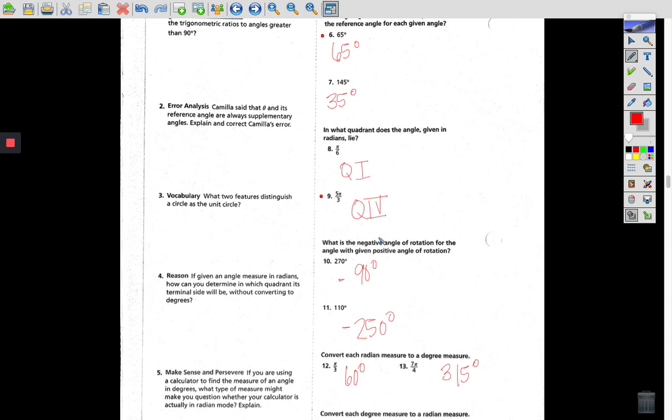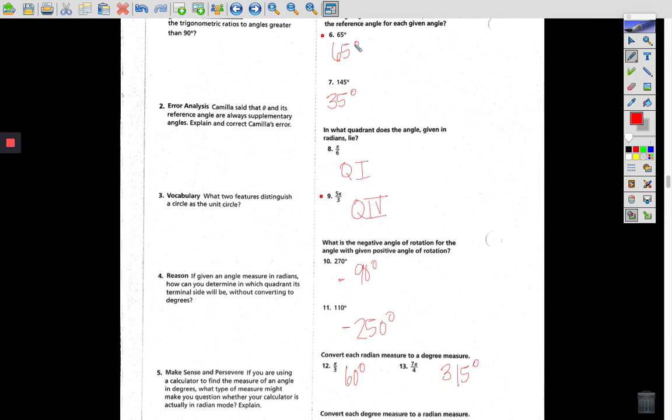Well, I may have missed. Did you look at your unit circle? Look at 300 degrees. So that's quadrant 4. That's quadrant 4 at 300 degrees, okay?